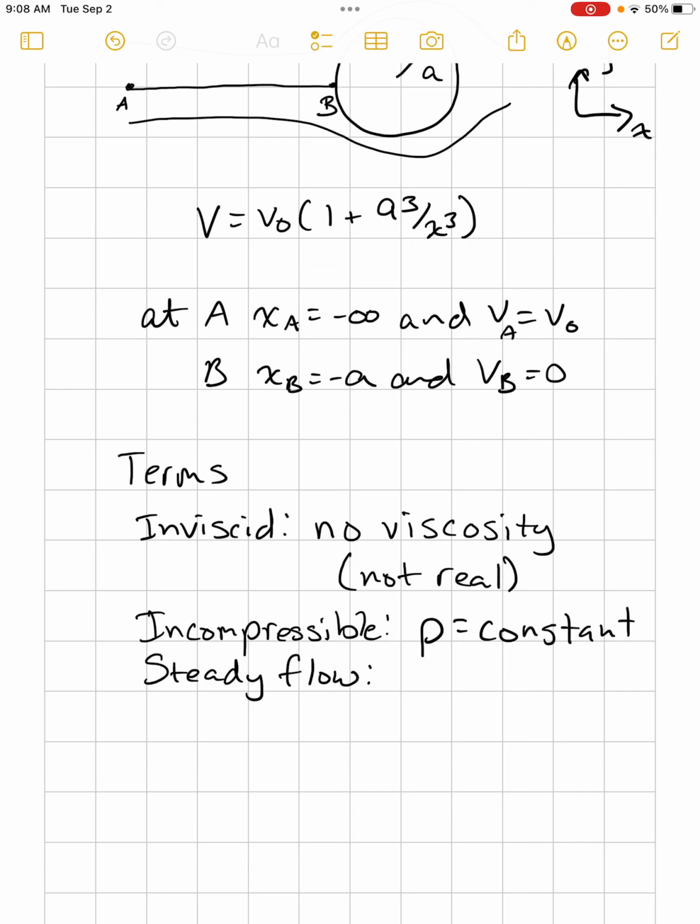It's not necessarily that it's in a straight line, but the flow parameters, so things like speed, the direction, and the pressure, this is just some of the parameters that we could look at. They don't change for a given point.